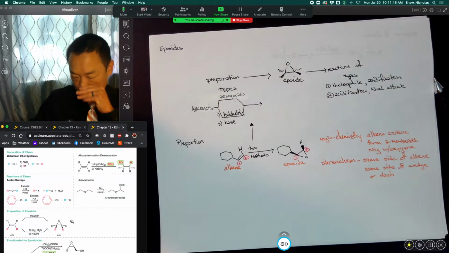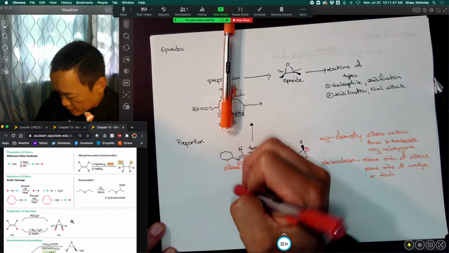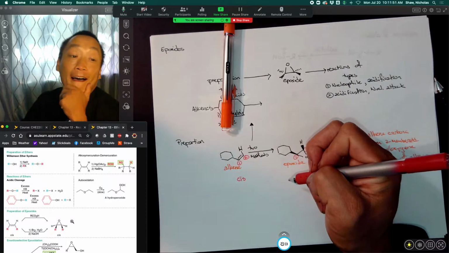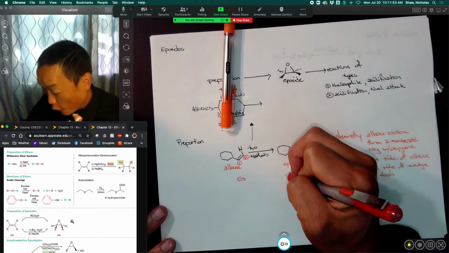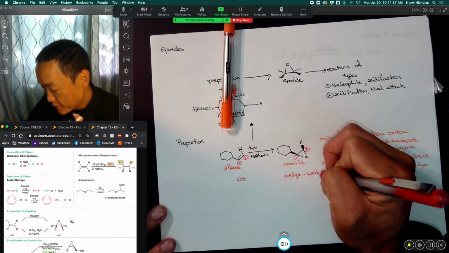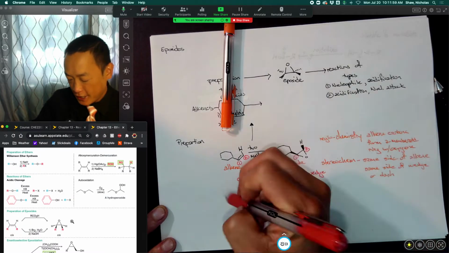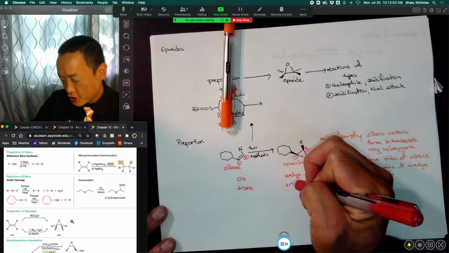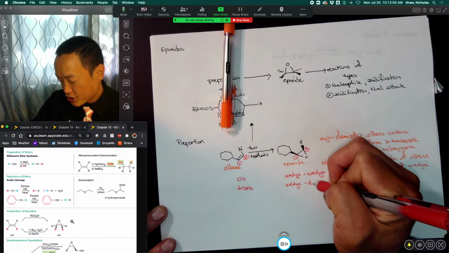The idea being that if you have cis, you will have, I've never done this, you will have wedge. And if you had a trans alkene here, you would have a wedge dash type arrangement.